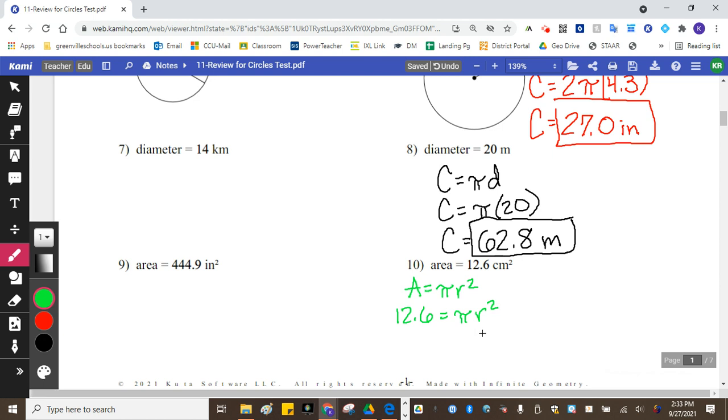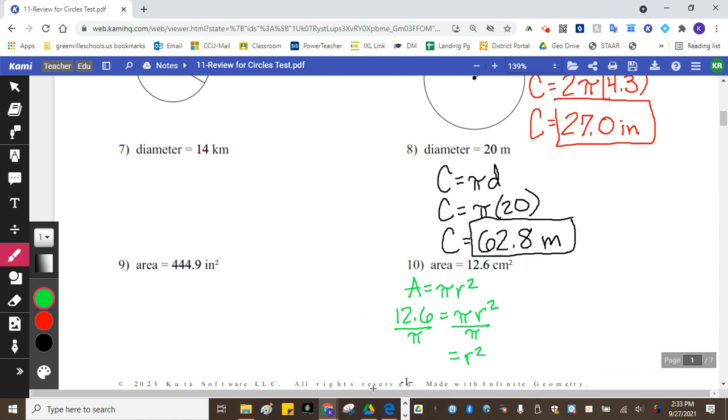And now I have to solve for my radius. This is an equation, I have to solve for my radius. Divide it by pi, and that'll give me r squared.